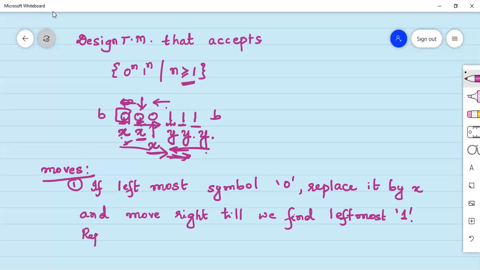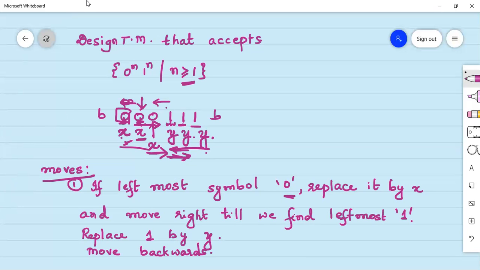We'll replace it by y. Replace 1 by y, and then in search of 0, we move backwards to find the next leftmost 0. So this is one thing that we should keep in mind.